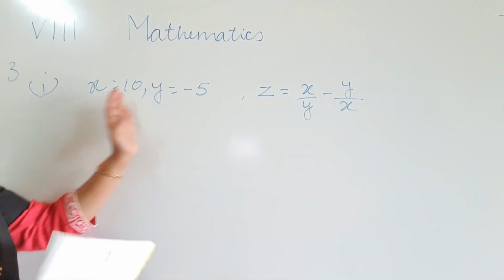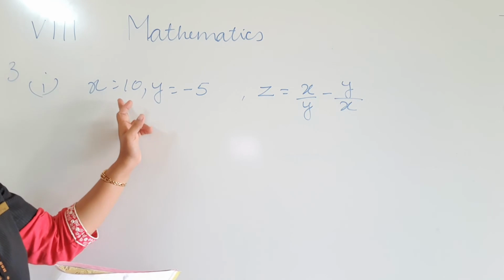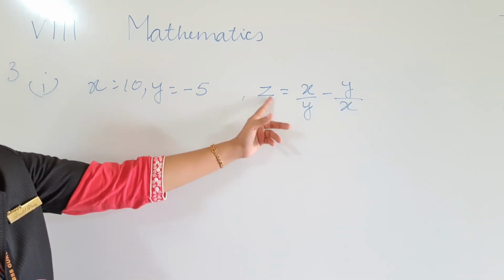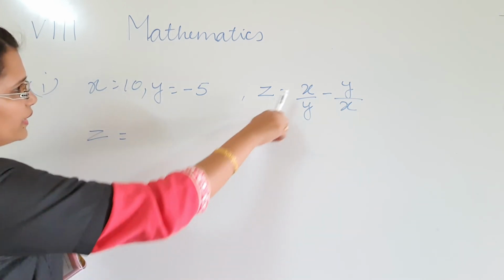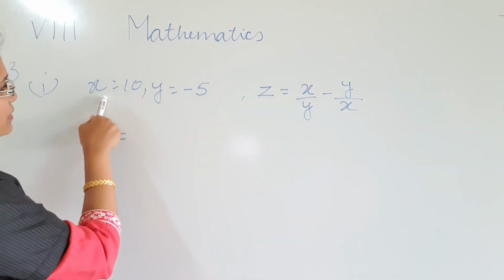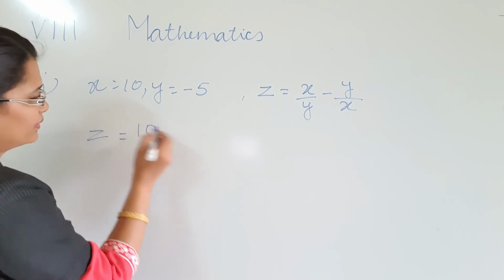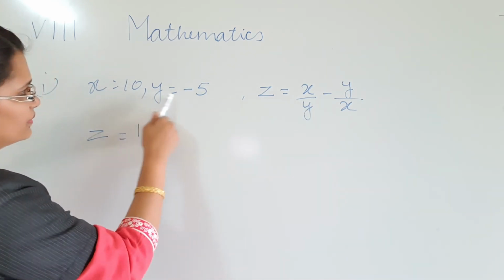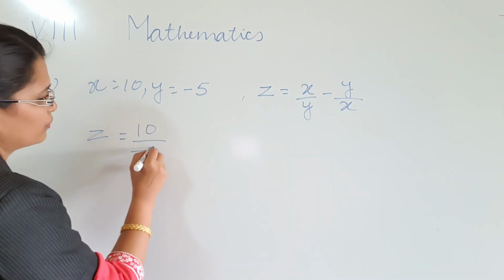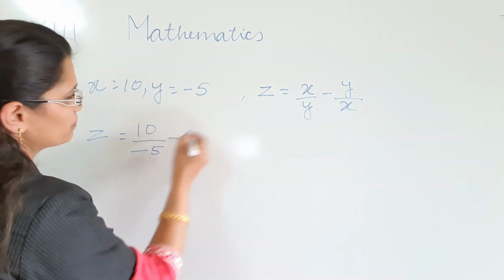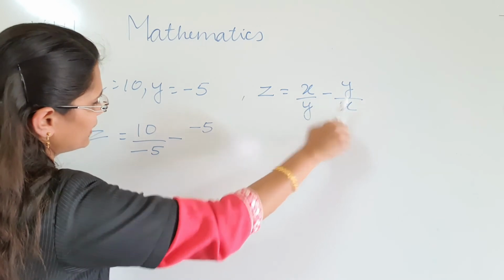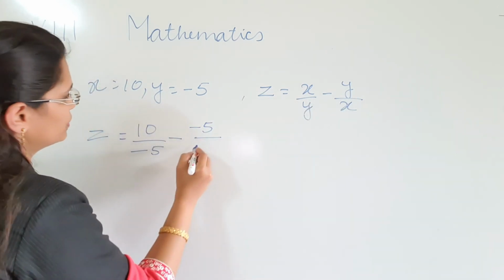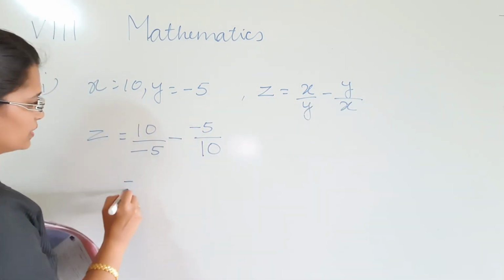Here you just need to substitute the values of x and y in z. Okay. So, what is the equation? z is equal to x by y, so what is x here? 10 divided by minus 5, minus y divided by x, that is minus 5 divided by 10.